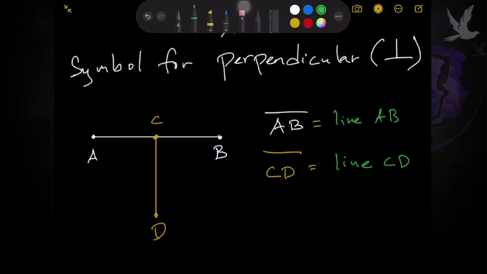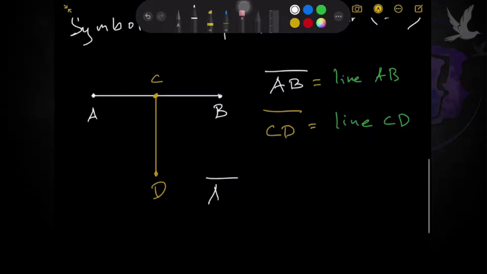Okay. So, if you notice, we have these two lines and these two lines form perpendicular lines, no? Nag-form sila ng perpendicular shape. So, we can now say that this line over here, yung line AB, is perpendicular to line CD.